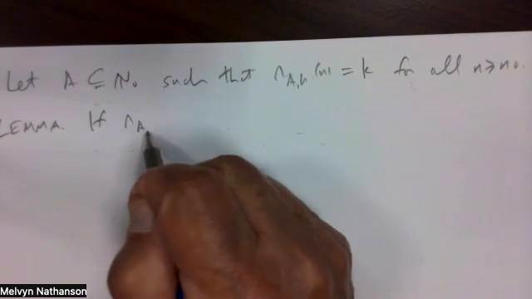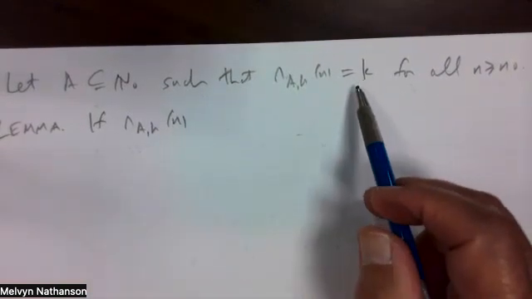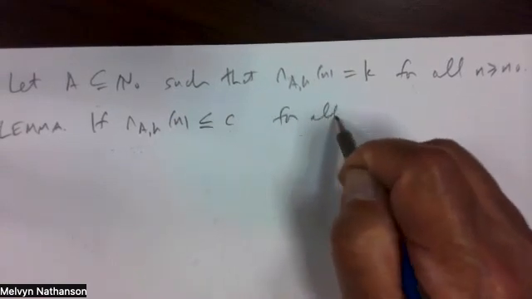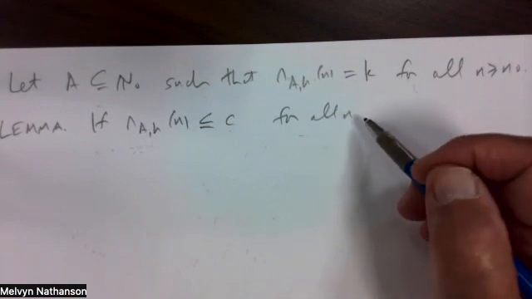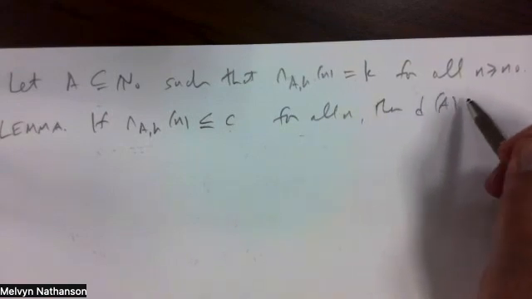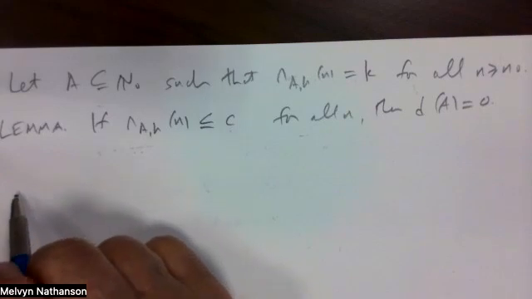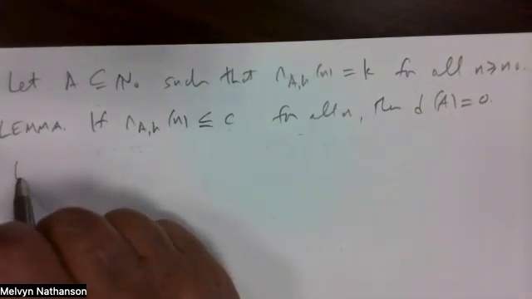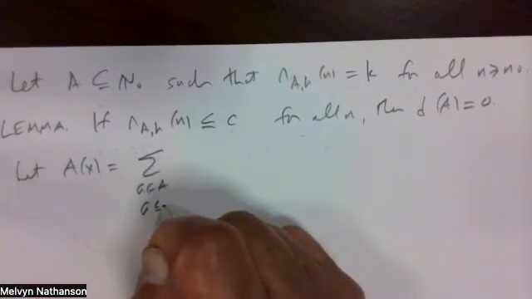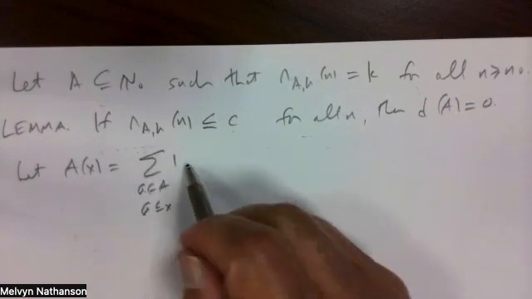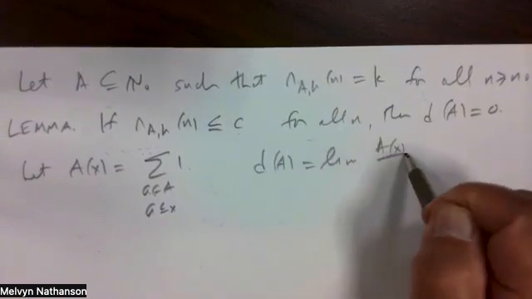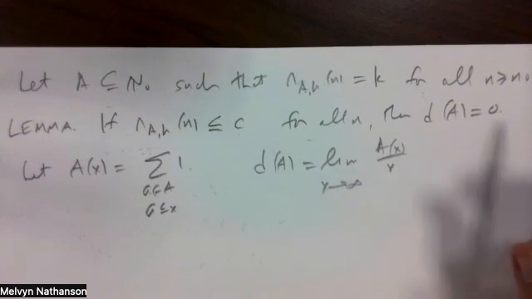If R sub A,H of n is not necessarily constant, but certainly bounded for all n, then the density of A is 0. And by the density of A, we mean the following. So A of X, just count the number of elements in the set A less than or equal to X. So this is the counting function of A. And the density of A, if it exists, is the limit of A of X over X as X goes to infinity.